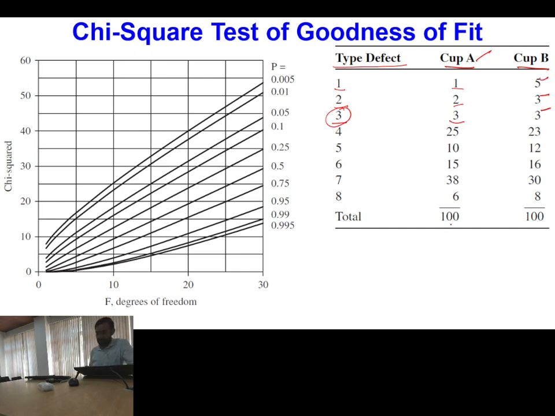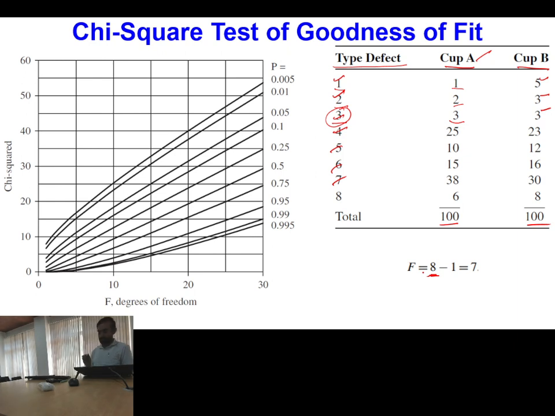So we have in total 100 measurements. Out of all these 100 measurements, how many types of defects are there? 8. So 8 types of measurements you have, and in all these measurements you are quantifying only the nature of some individual defect.